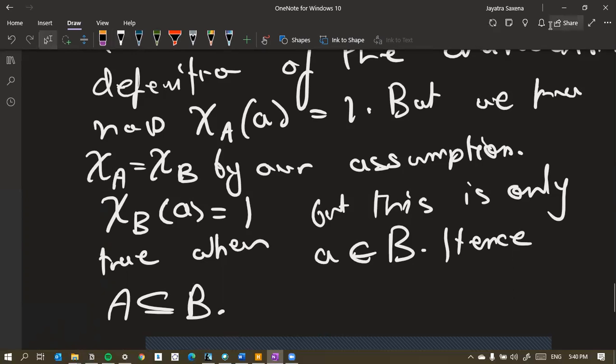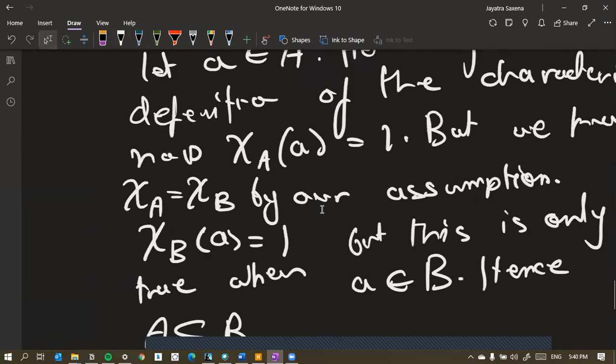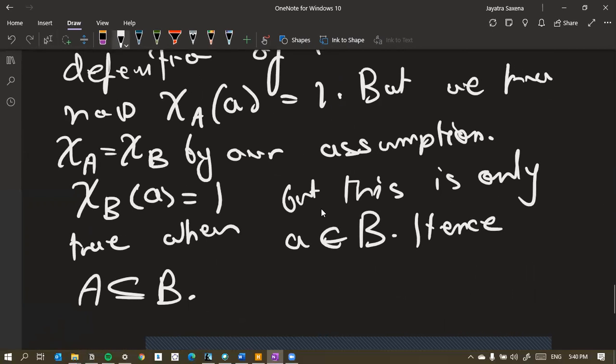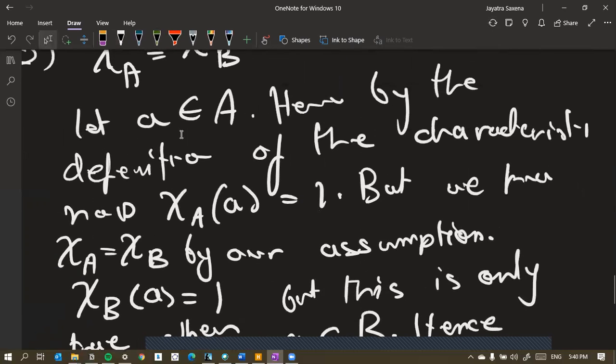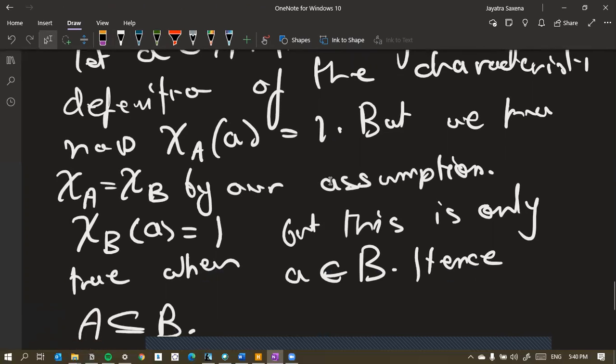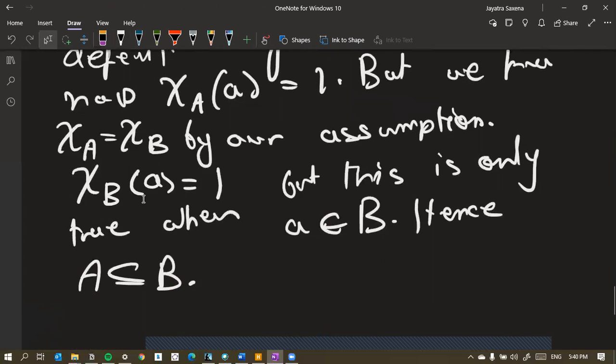Okay, this is good. And by a similar argument, you can change everywhere I wrote. You can start with let b belong to B, hence by the definition of the characteristic map, X_B of b is equal to 1, but we know X_A is equal to X_B by our assumption. So X_A of b should be equal to 1, but this is only possible when b is in A. I'm just going to skip that part.